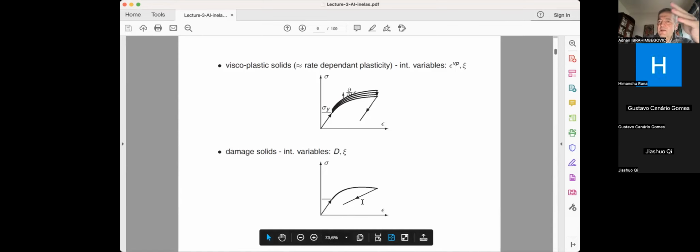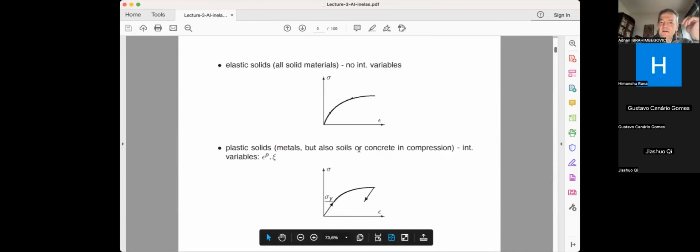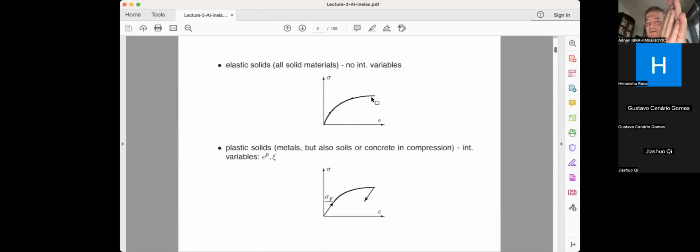Namely, the material has been damaged and the elastic modulus is no longer intact. So next time you come, you will go this way and go back and so on and so forth. So in all these curves, contrary to elasticity, where you go up and you go down following the same path, there's no area covered by these two curves together.